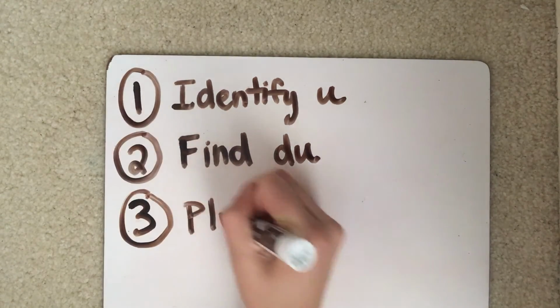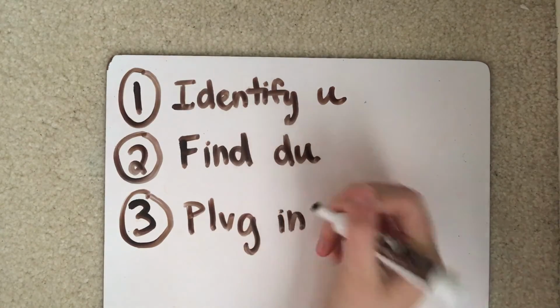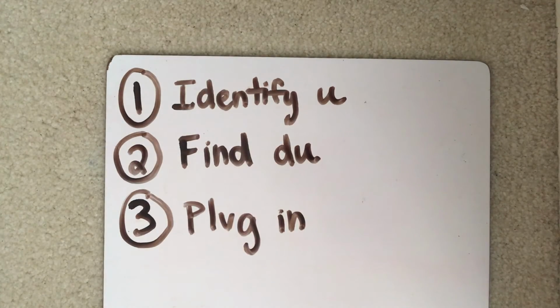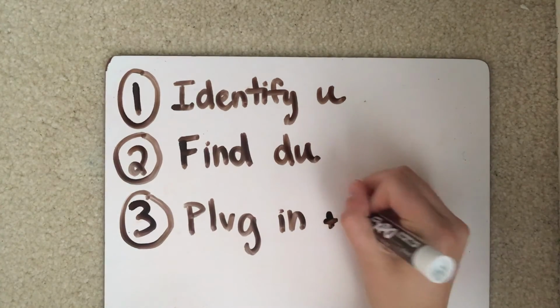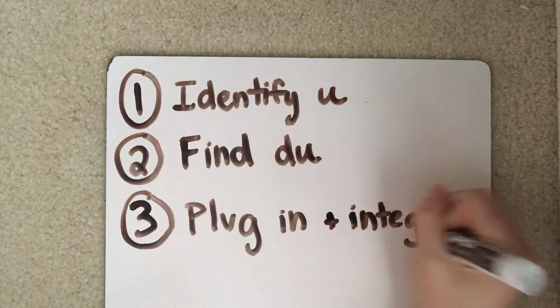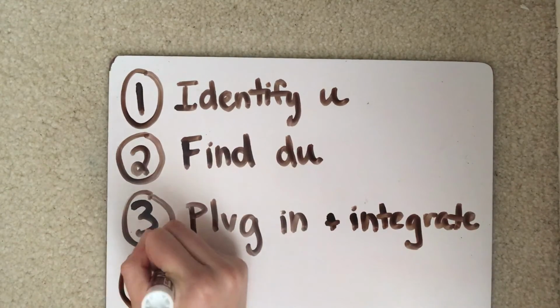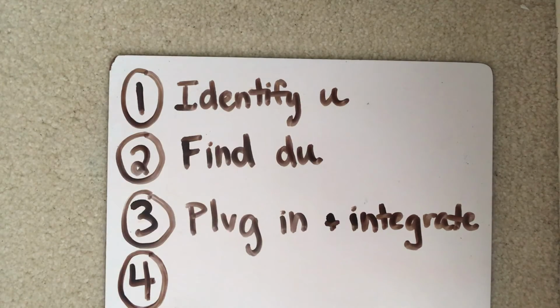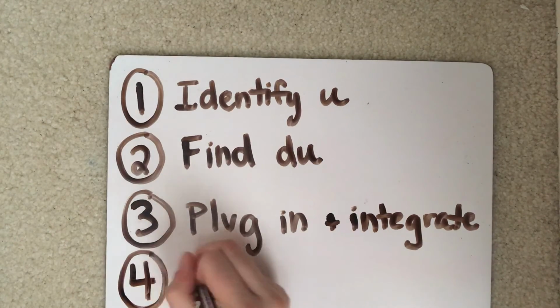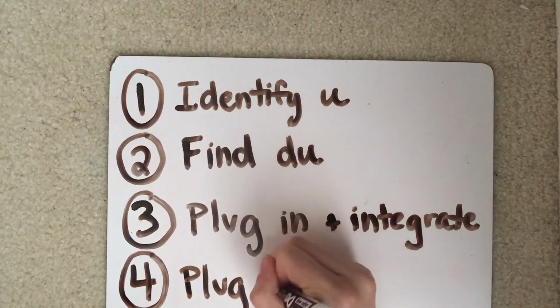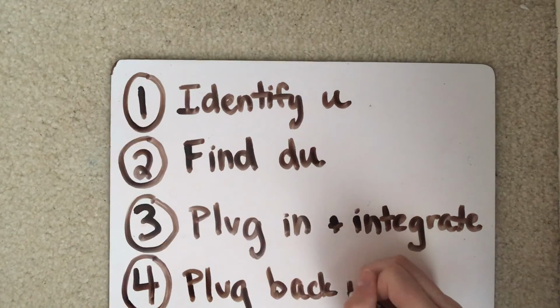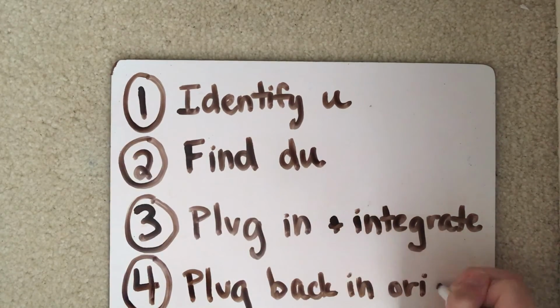Plug in. So this is substituting. So this is where you would plug in your value for u, your value for du, and ultimately integrate. Finally, once you've gotten your integral, make sure to plug back in original values of x.